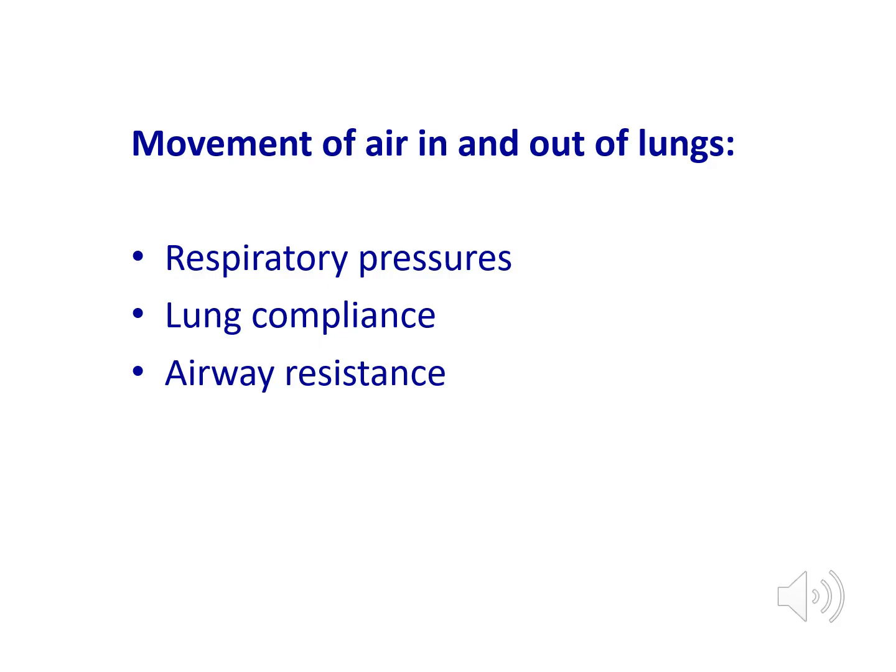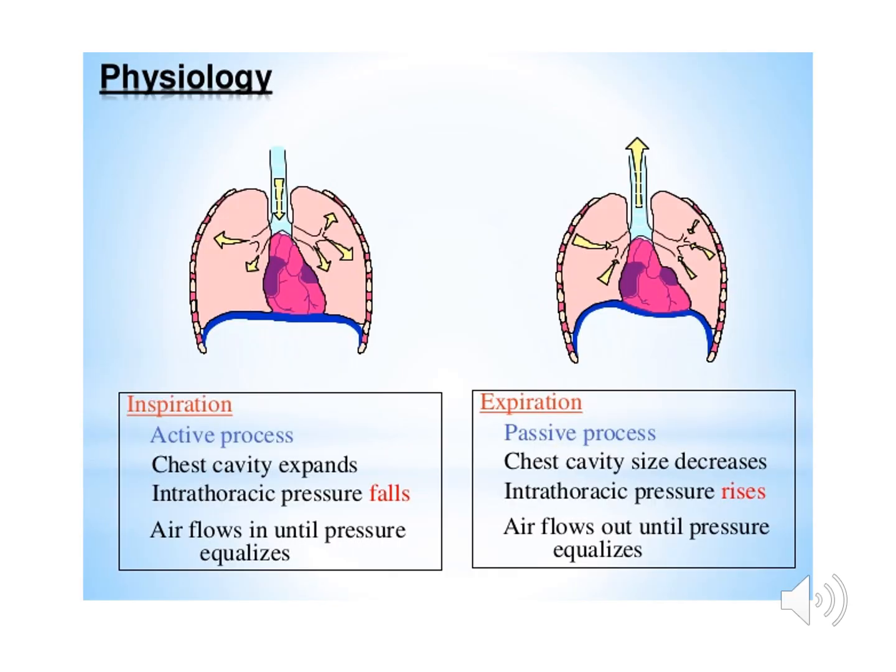Respiratory pressures. Okay, movement of air in and out of the lungs is affected by changes in the air pressure gradient that results when the size of the chest cavity changes as you inhale and exhale. Basically, it works like this. When you inhale, the size of your chest cavity gets bigger.